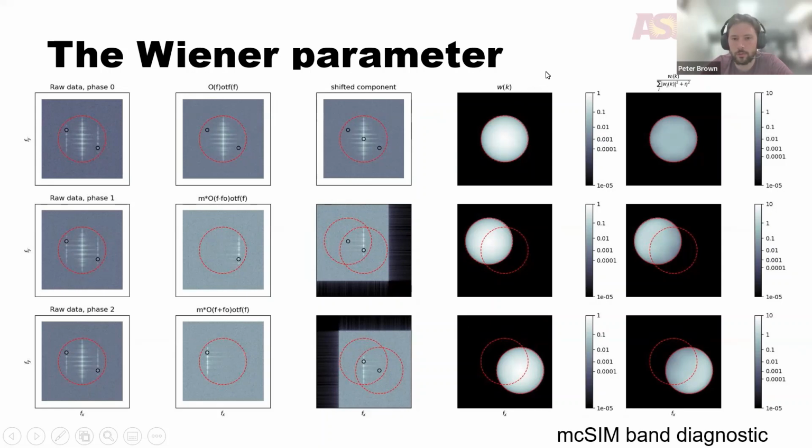You can run this code also with a mode imitating the OpenSIM package, in which case this weight function has a slightly different form. And then this final column, I'm illustrating the effect of the Wiener filter that will be multiplied by each of these bands to construct the final image.